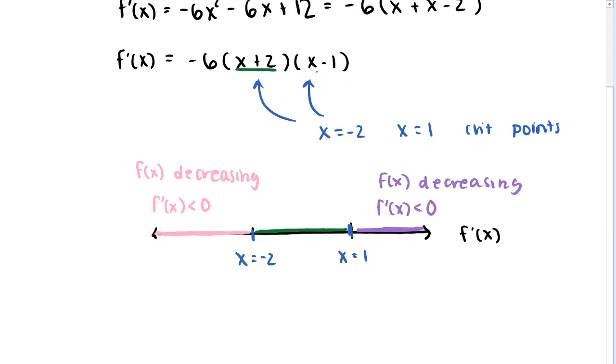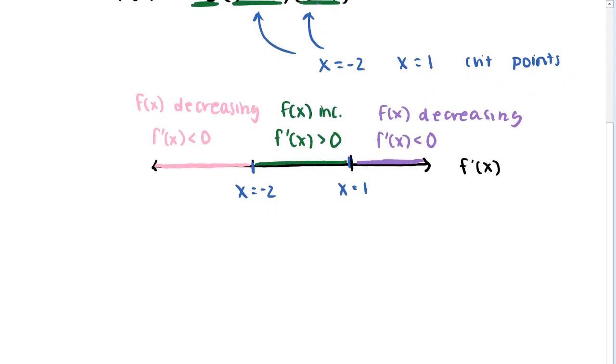Here we get 2. Here we get -1. So a positive number, a negative number, and then that's multiplied with another negative number. And so if I have a positive number and 2 negative numbers multiplied together, my result's going to be positive. So f prime of x is greater than 0 on this interval. And so f of x here is increasing.